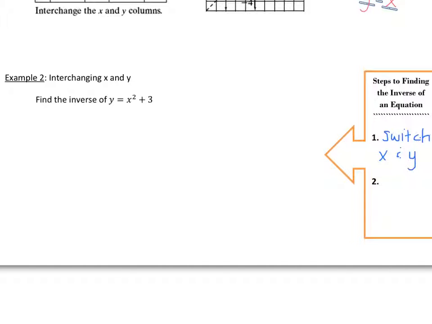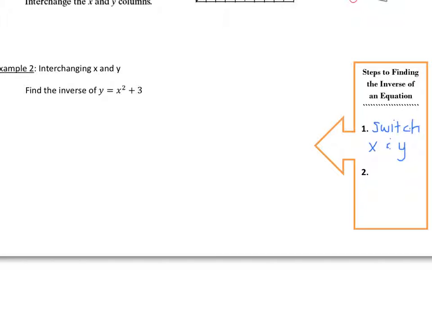So my step 1, instead of y equals, it will be x equals. Instead of x squared, it will be y squared. And then I still have my plus 3.